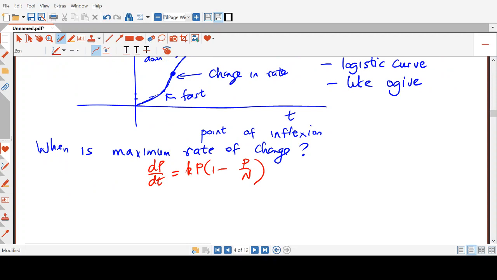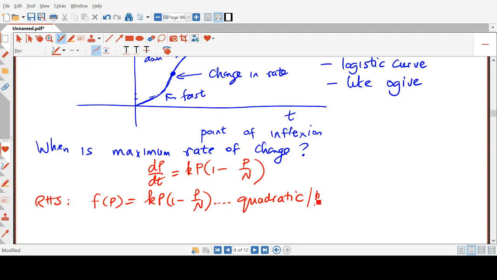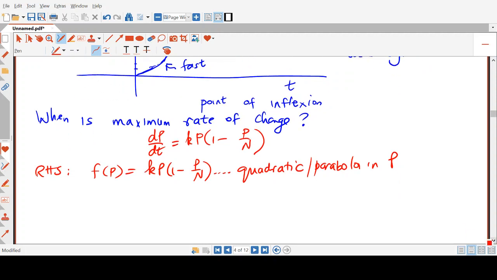So when does it have a maximum? The right-hand side is a function of P, which is kP times (1 minus P over N). It's a quadratic, or a parabola in P.